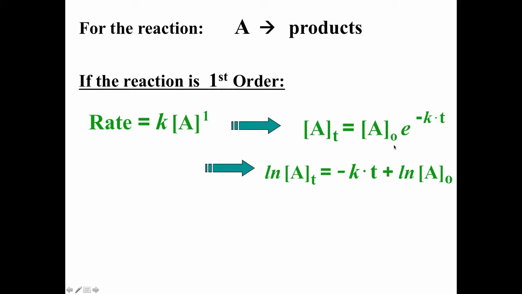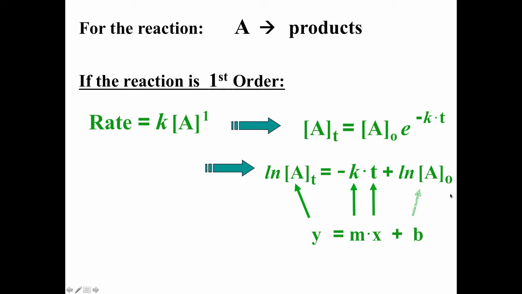This can be written in a different form if we take the natural log of both sides and do a little rearranging. It can be shown that this equation is the same as natural log of A at time t equals negative rate constant k times the time plus the natural log of the initial concentration of A.